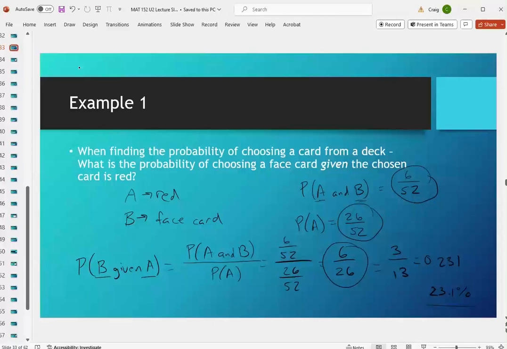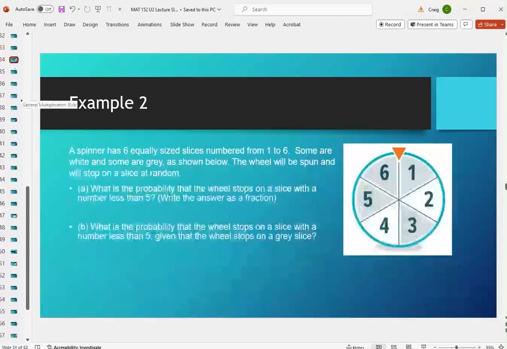So what you see here, even though there's division involved, is a form of the general multiplication rule for probabilities. Okay, we'll see that here in just a second. Let's look at a similar example. What's the probability that the wheel, here we have these slices and it's a spinner.